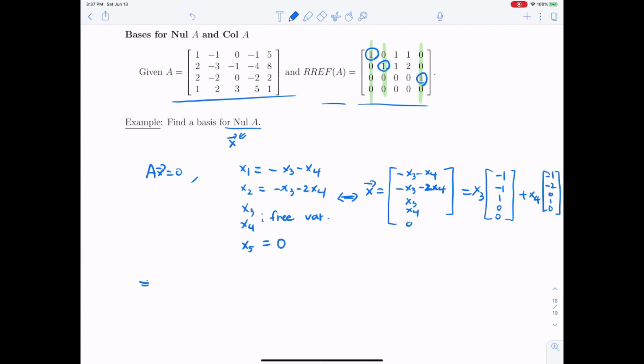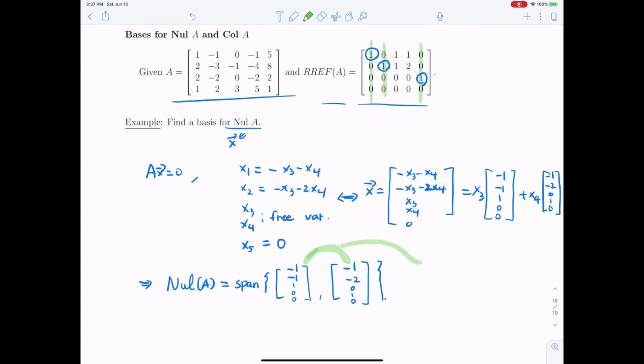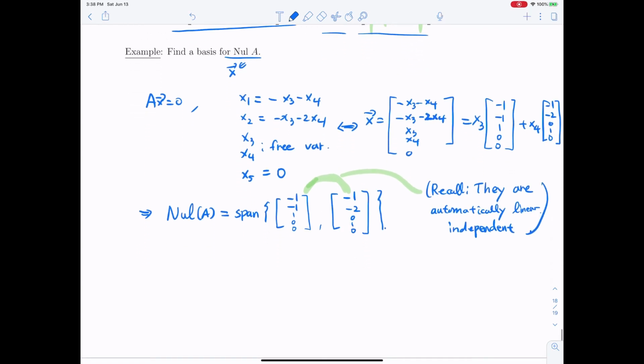From here, we can tell that the null space is the span of these two vectors, and we know that these vectors are automatically linearly independent, as we have seen in the previous section. So the basis should be the set of these two vectors.